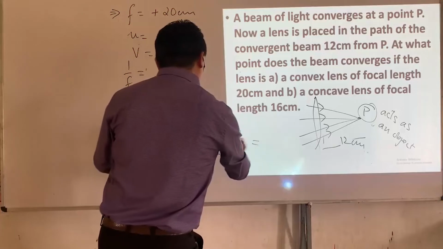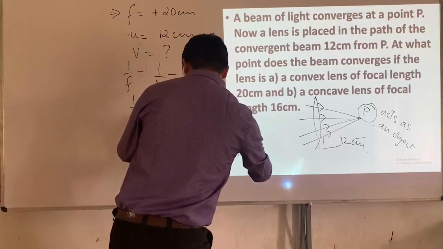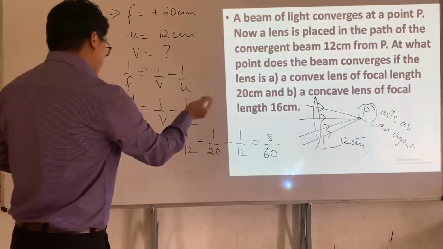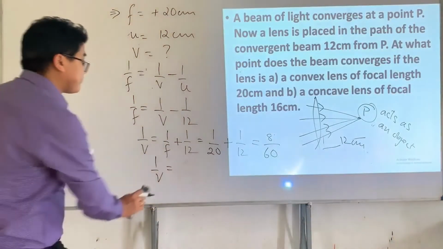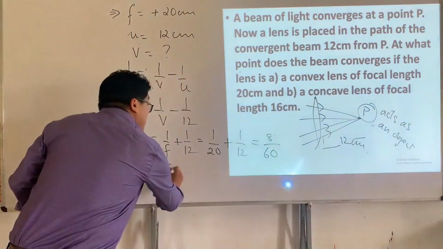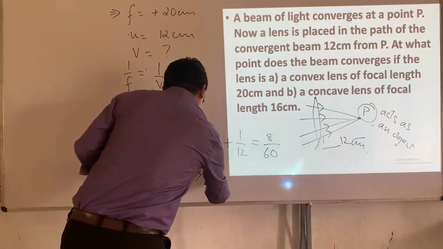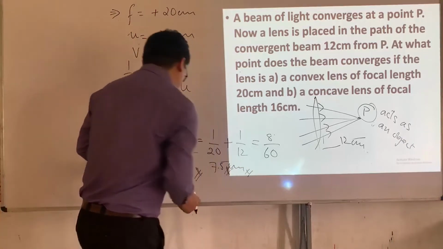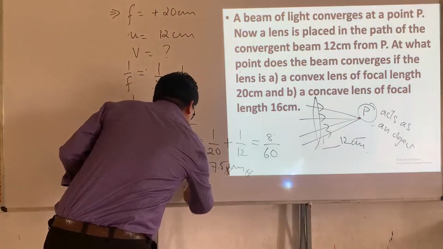Do this. 8 divided by 60. When you do this, V is equal to 60 divided by 8. This is the answer. It is roughly 7.5 centimeters.